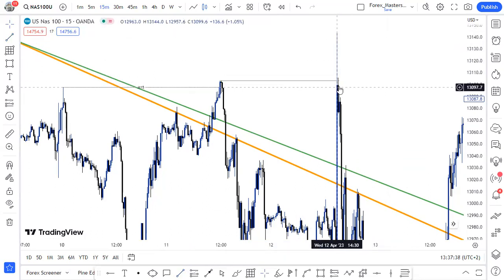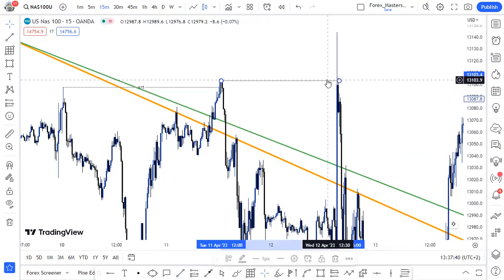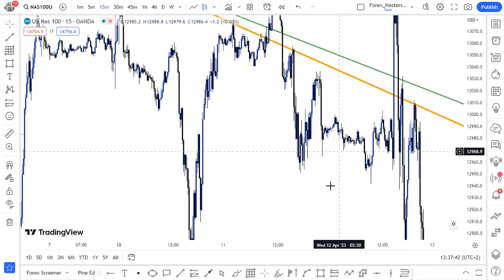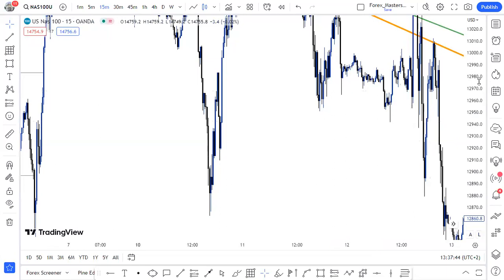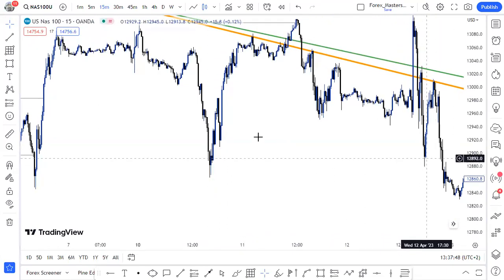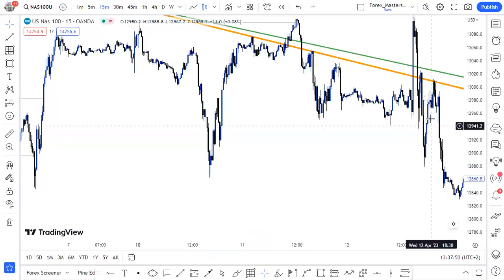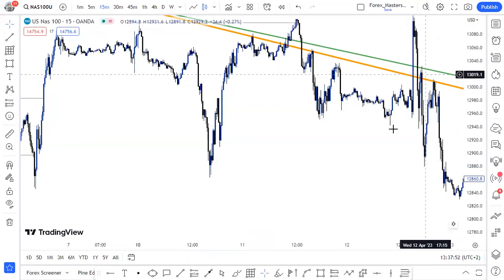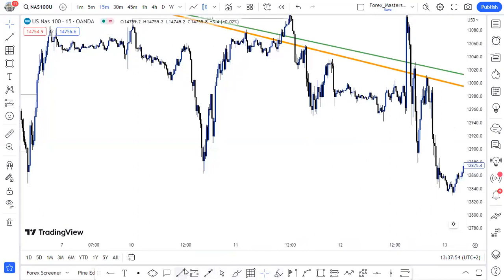So these are situations where you look at this and say, okay, this is not a break of structure. So what am I going to do? I'm going to wait for price. Price could even come further down here and we would still look for some buying opportunities, like what happened right here. There was a nice buy, but price failed to continue going to the upside until we broke structure down here.